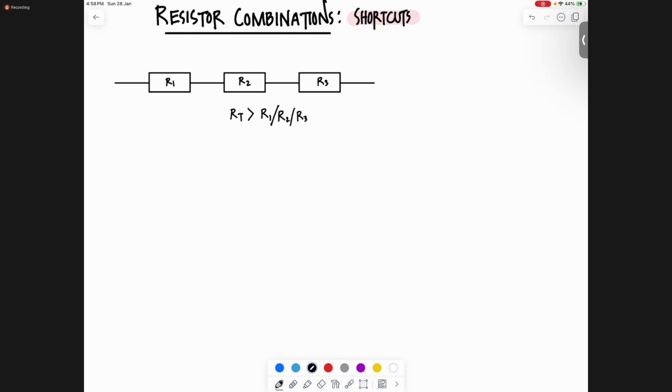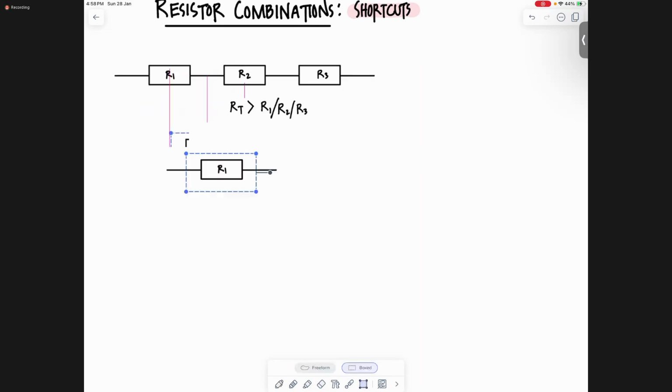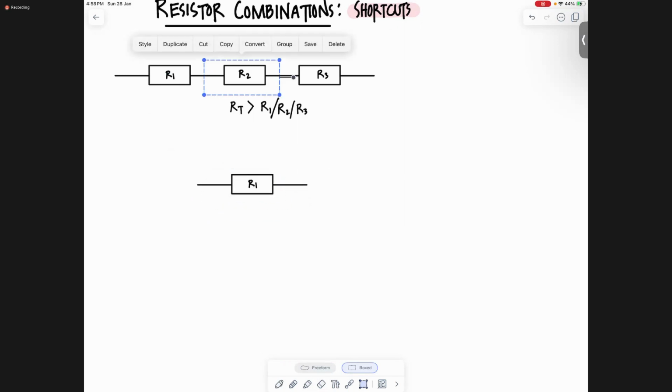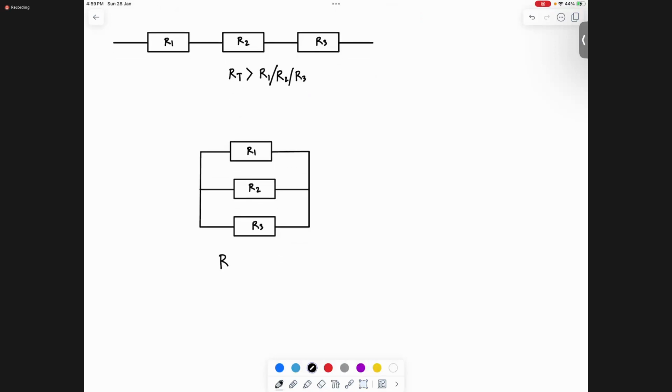Does it make sense? Yeah, because when you add them up, they will be definitely more than anything else in the combination. But parallelly, there's an interesting thing. When you have your resistors connected in parallel, R1, R2, and R3, the total will always be less than our lowest. বুঝছো?